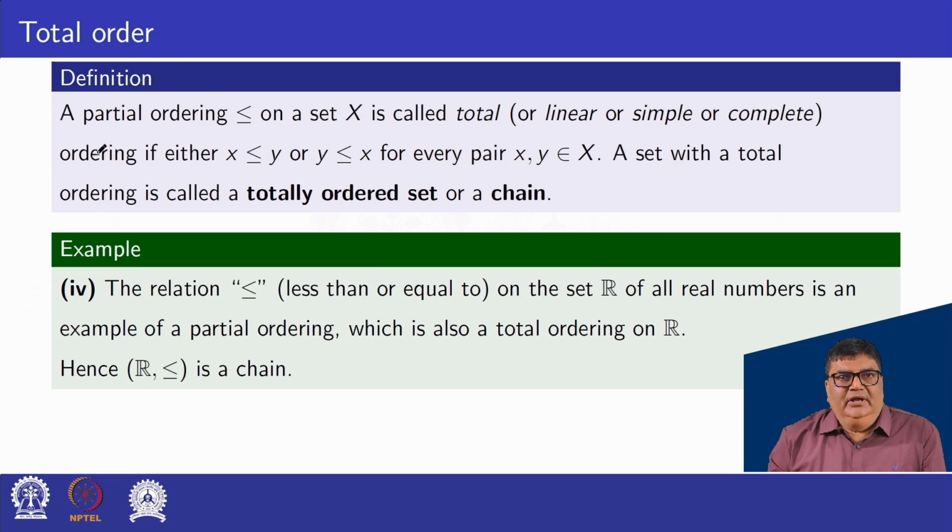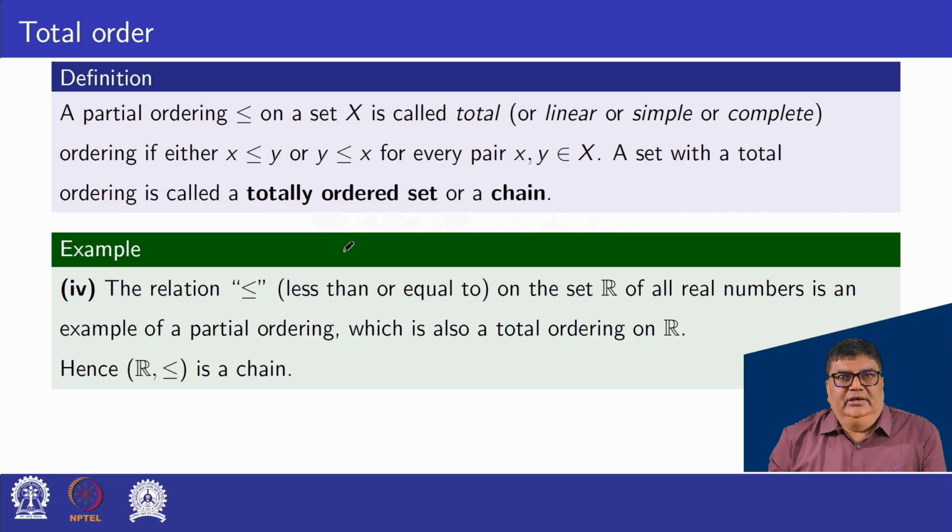Total order. A partial ordering less than or equal to on a set X is called total or linear or simple or complete ordering if either x less or equal to y or y less or equal to x for every pair x, y belonging to X. A set with a total ordering is called a totally ordered set or a chain.